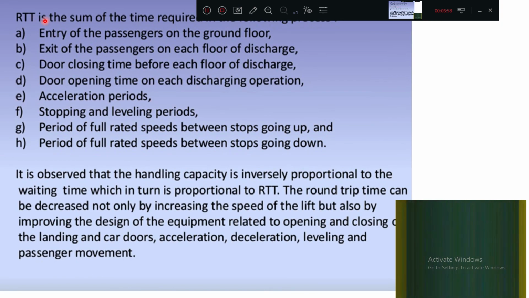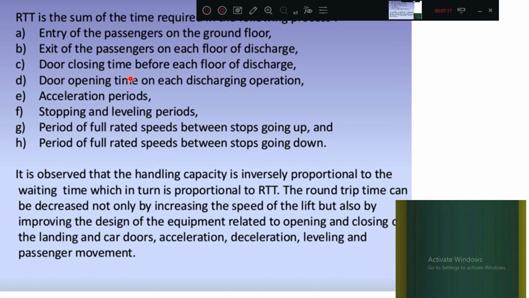So how to calculate RTT? It is the sum of all this. Very simple, no? Time for entry of passengers, exit of passengers on each floor. Time required to exit, time required to enter. Door closing time, door opening time.